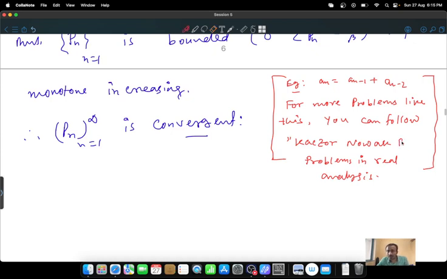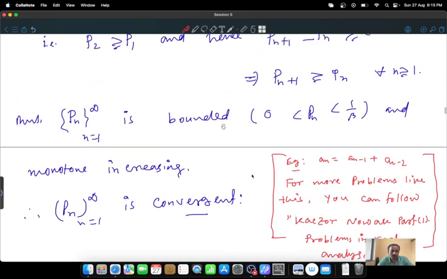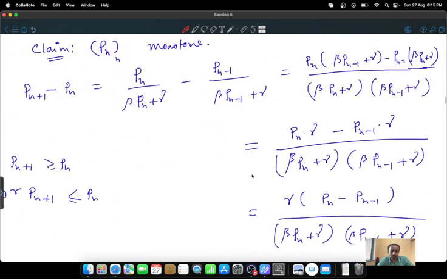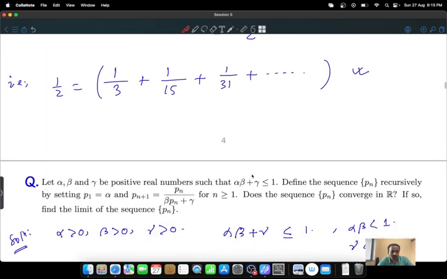Anyway, part 1. Okay, so no problem. There you will see lots of problems, like the whole book is only on series and sequences. But there is, I think, one part more.